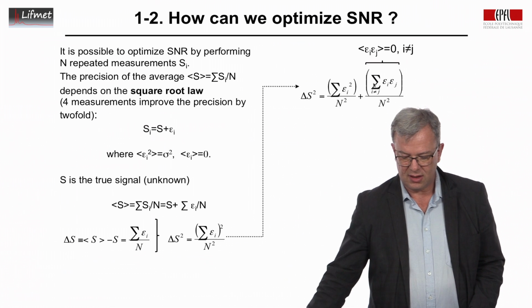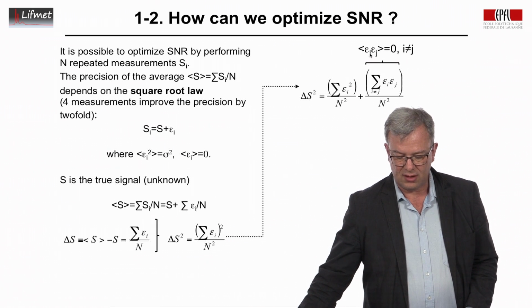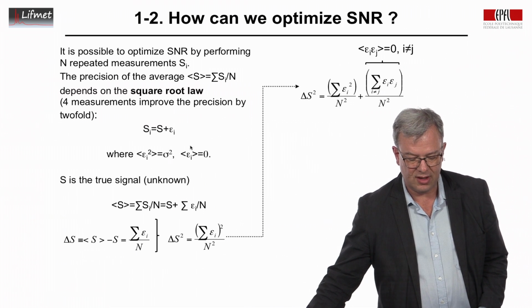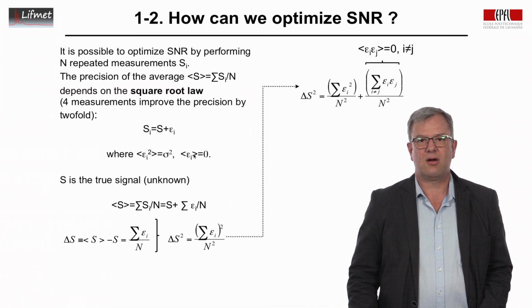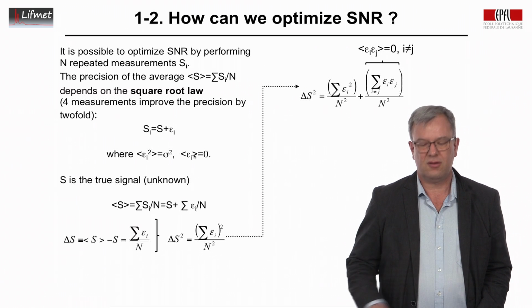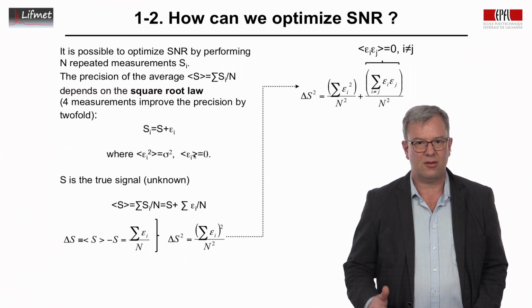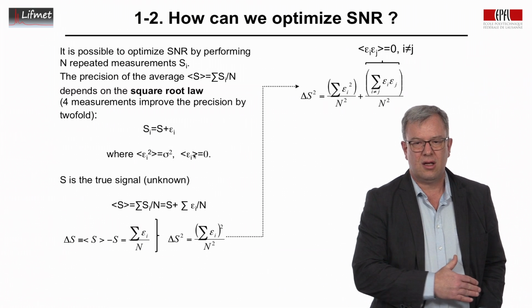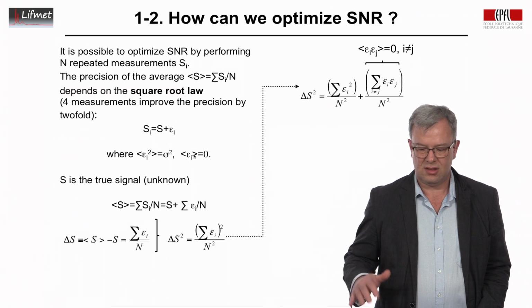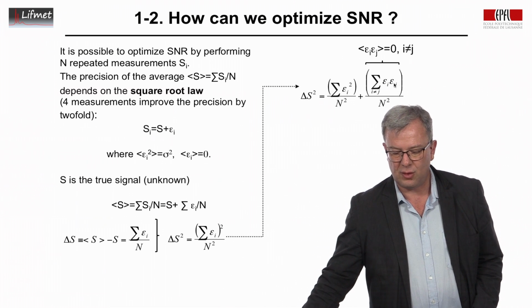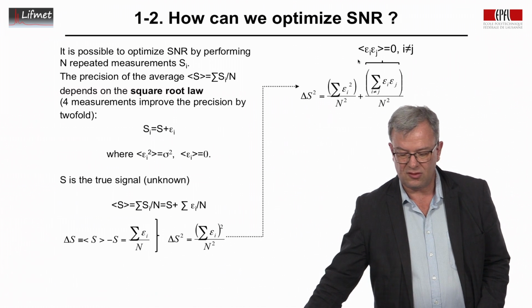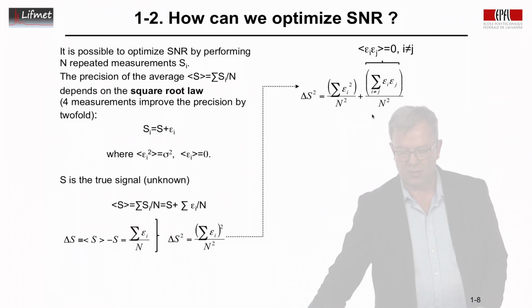Now this term here is essentially the expectation value of epsilon_i times epsilon_j, and that goes to 0, because the error on average has an average value of 0. So if we multiply the error in the third measurement and sum it with the multiplication of the errors of all the other measurements, this is epsilon_3 times epsilon_j, where i is not equal to j, then on average epsilon_j goes to 0, so this term goes to 0.